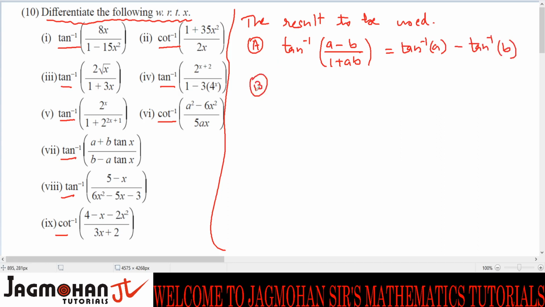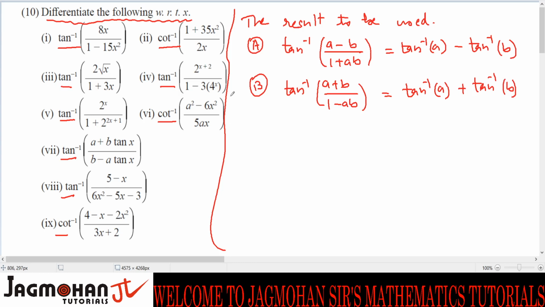And if you have tan inverse of (a plus b) upon (1 minus ab), you write this as tan inverse of a plus tan inverse of b. This is what you have.